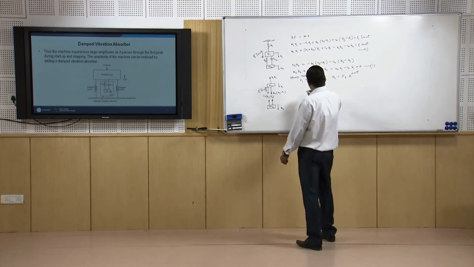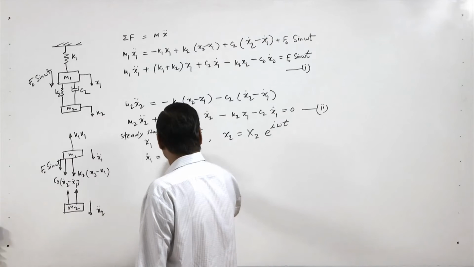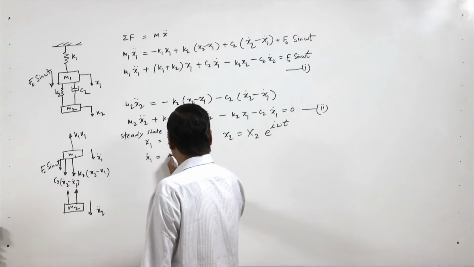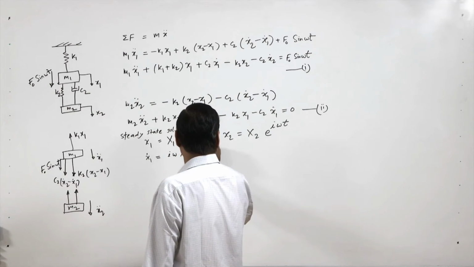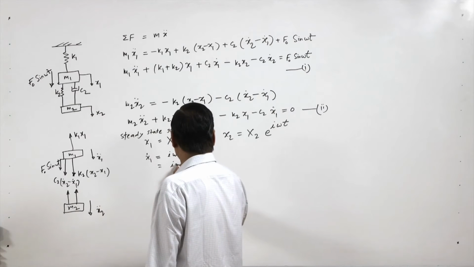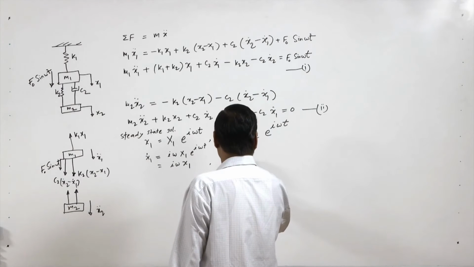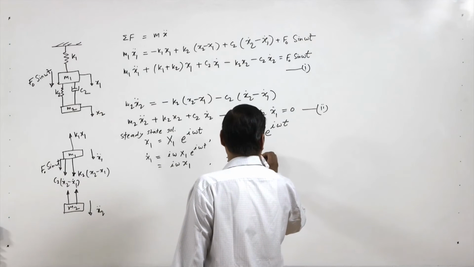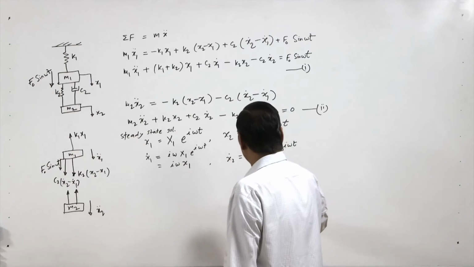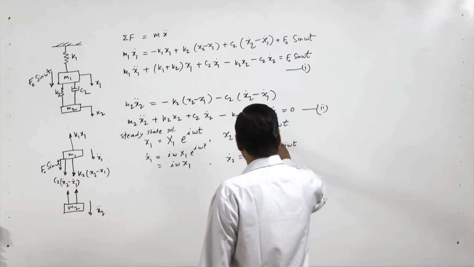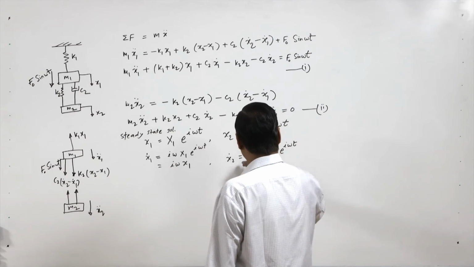So now if we write x1 dot, we can differentiate it, so i omega into X1 e power i omega t, so that is i omega X1, and similarly x2 dot equal to i omega X2 e power i omega t, because the differentiation of e power theta is e power theta, and there is this term, the theta derivative, i omega.